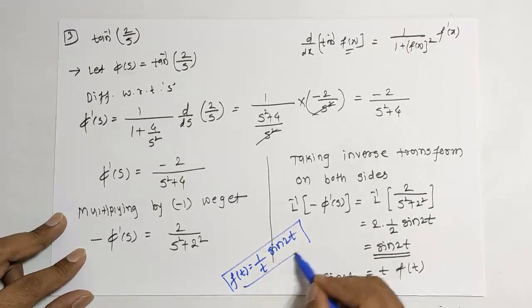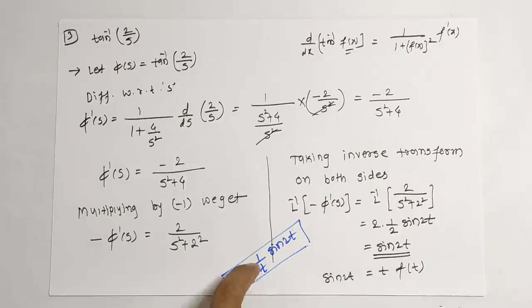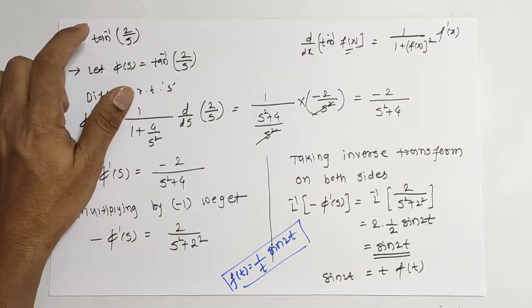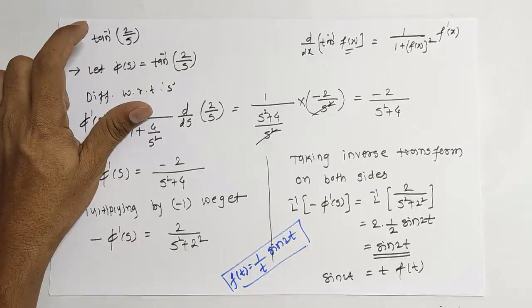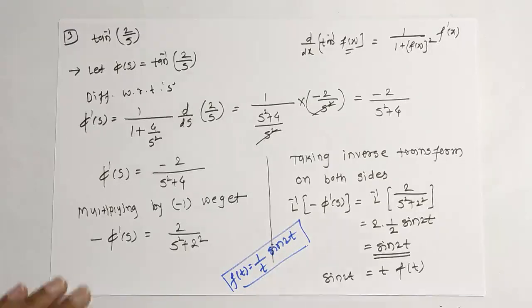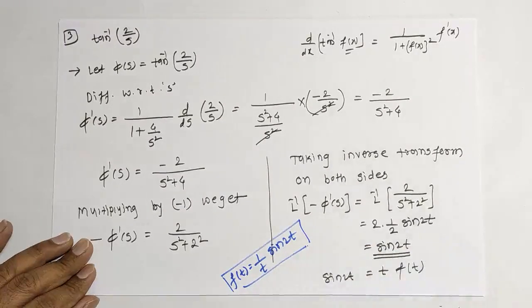So if you take Laplace of this, you will get tan inverse 2 by s, and if you take L inverse on this, you will get 1 by t sine of 2t. Next example.